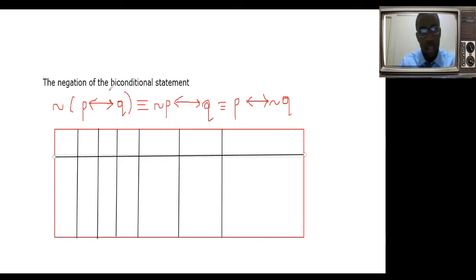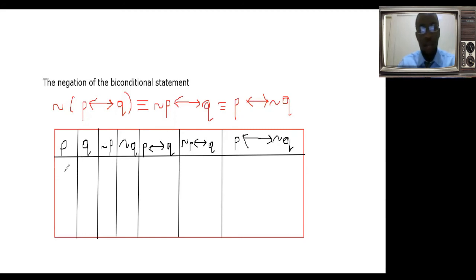So right here, we have P, Q, not P, not Q, then we have the biconditional statement of P and Q, then the biconditional statement of not P and Q, and then P with the biconditional symbol, then not Q. Easy stuff.